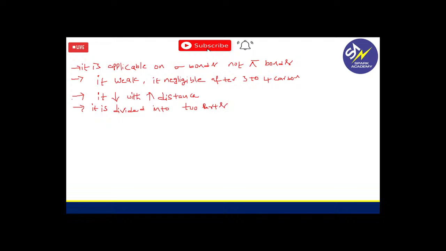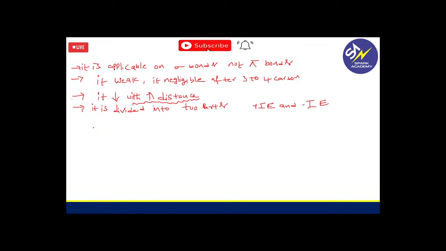These are the most important characteristics of inductive effect. It is applicable on sigma bonds and not over pi bonds. It is a weak effect and it is negligible after 3 to 4 carbon atoms. It decreases with increasing the distance. It is distance dependent. Most important one, third point: it is divided into two parts, which is plus IE and minus IE.